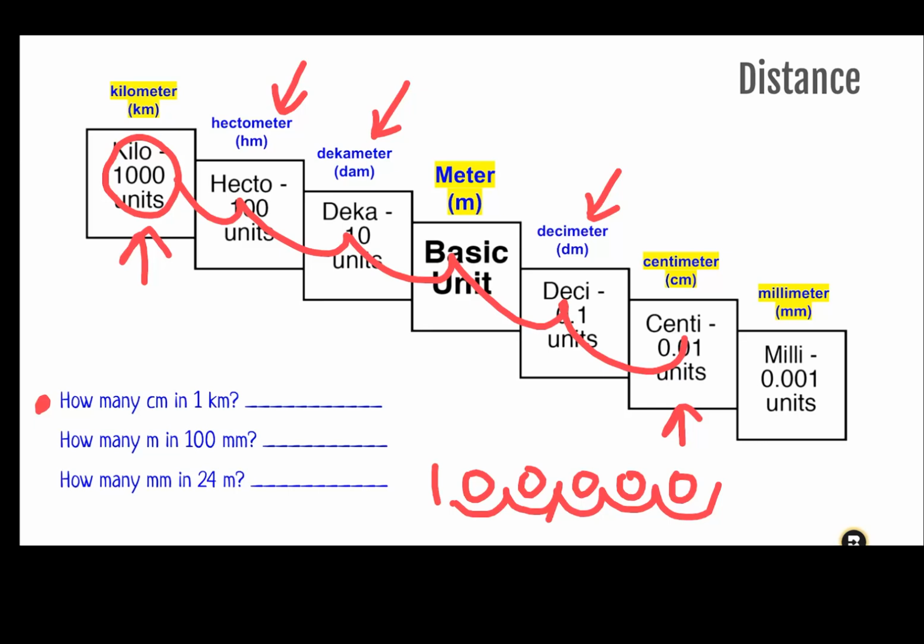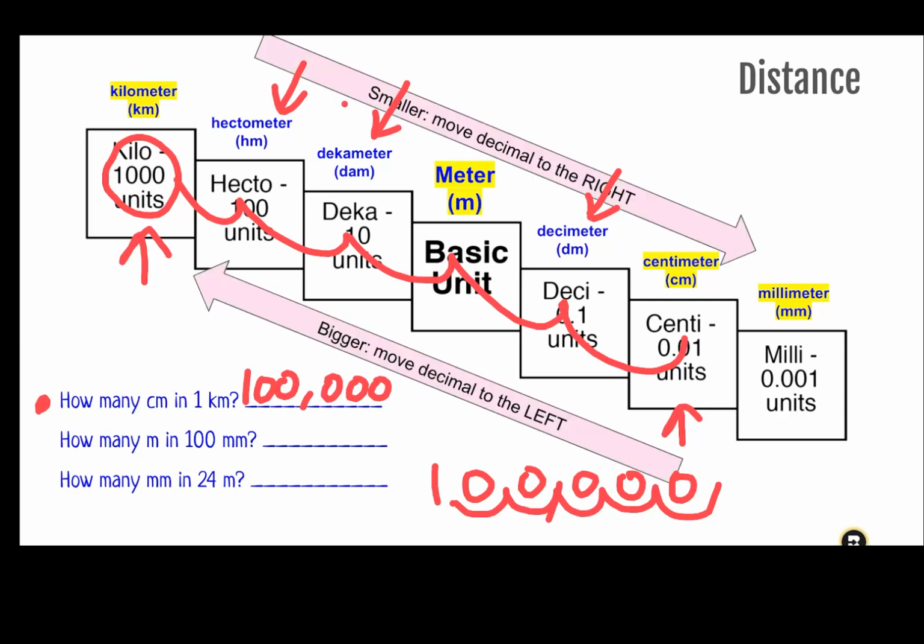That tells you there are 100,000 centimeters in 1 kilometer. We just used the graphic organizer to do the conversion for us, basically. All you have to do is hop your decimal point to the right if you're going to a smaller unit, or hop it to the left if you're going to a bigger unit.